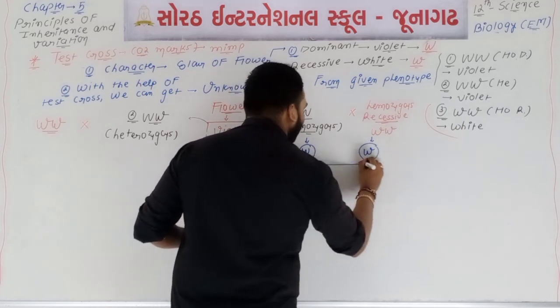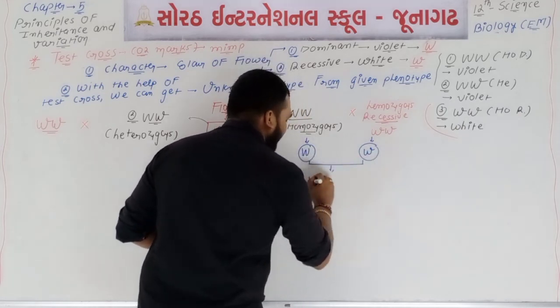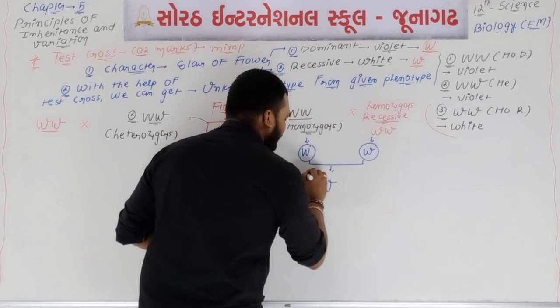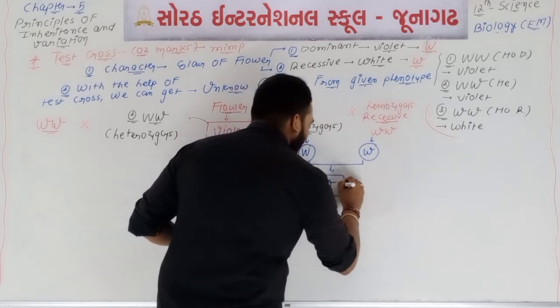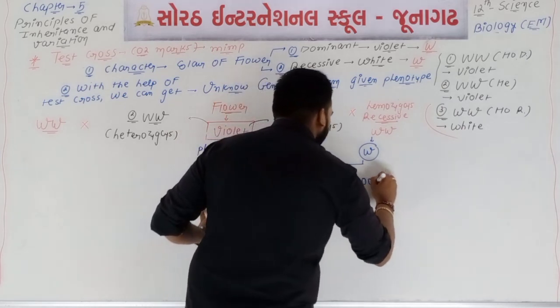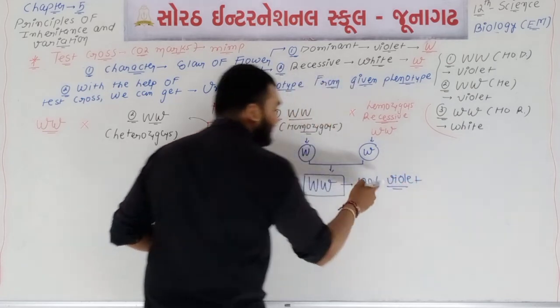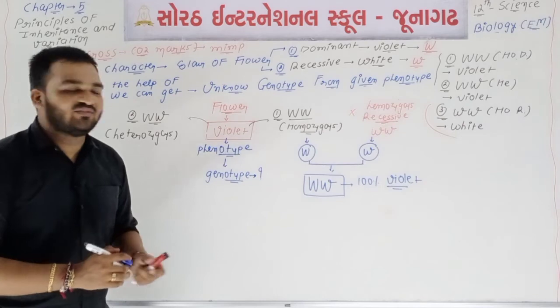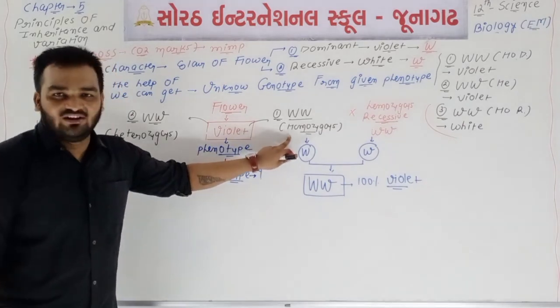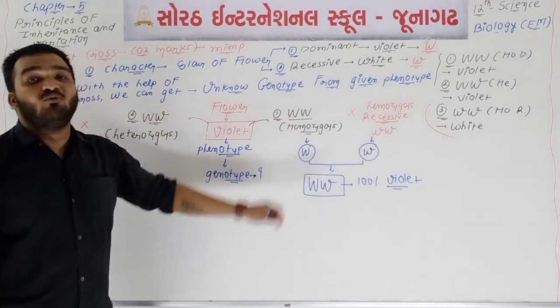If both gametes combine with each other, they form 100% capital W, small w. That means 100% violet flowers. If 100% violet flowers are there, then the unknown genotype will be homozygous.